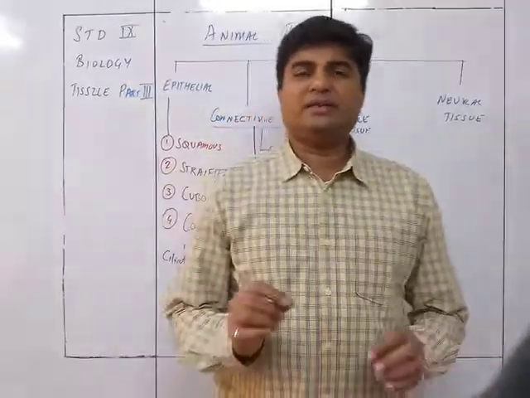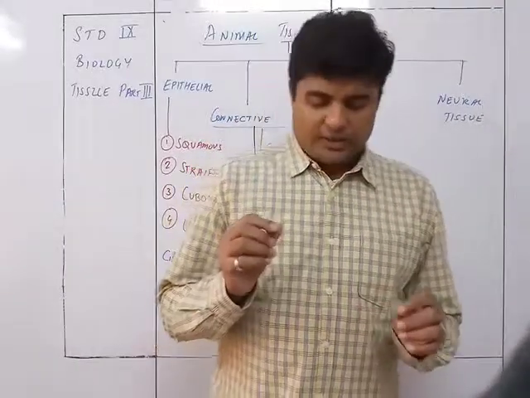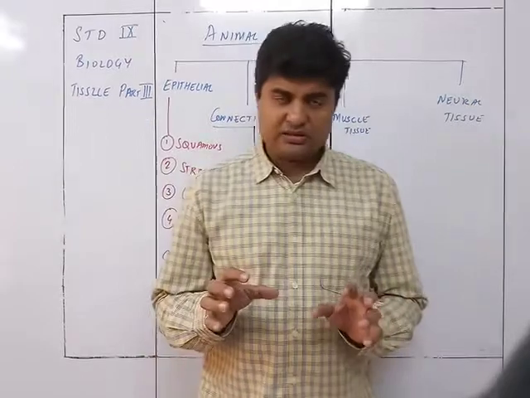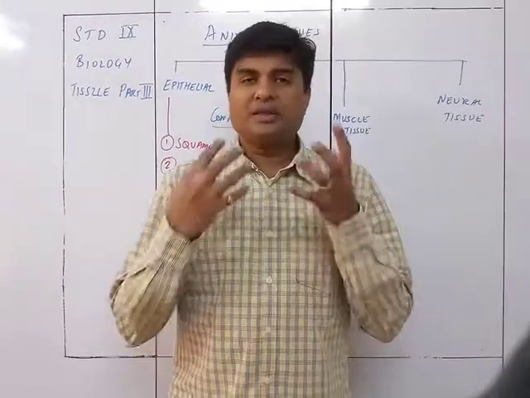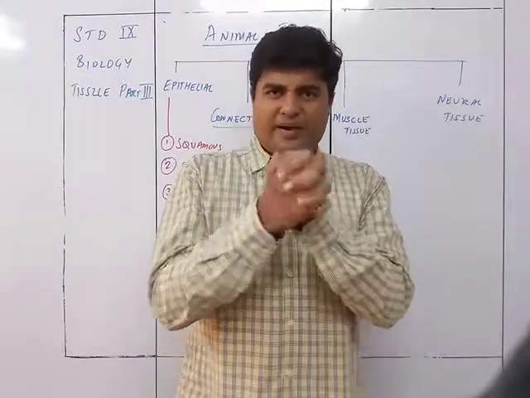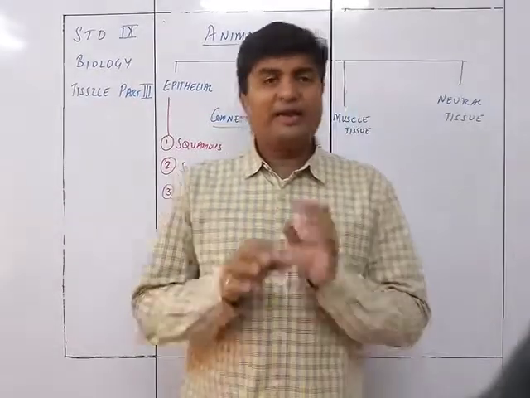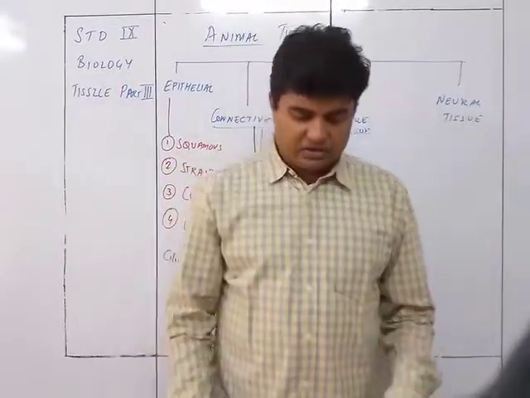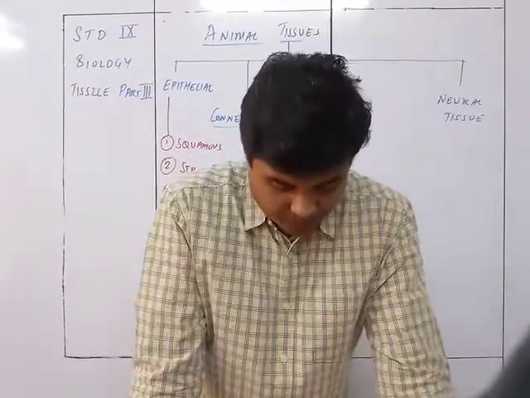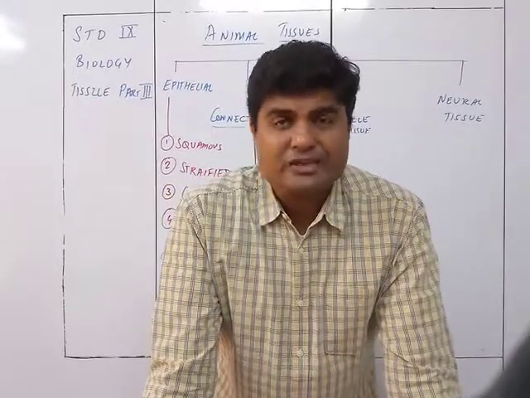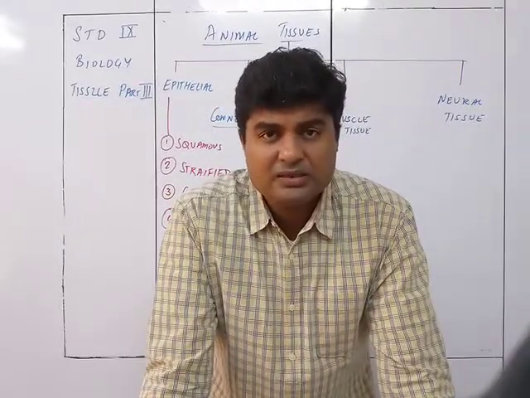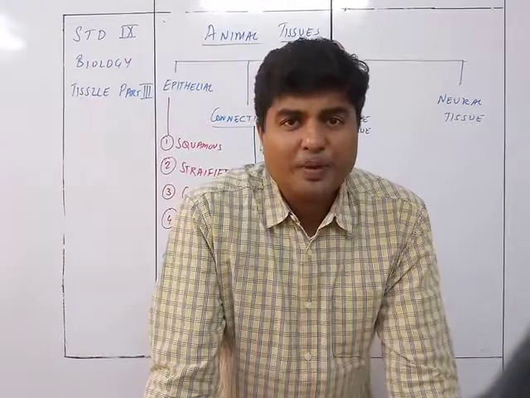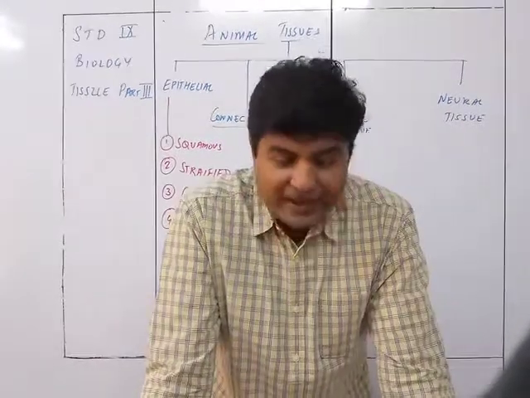So cartilage is a non-porous tissue with a thick matrix in between the cells, and it has no blood vessels or nerves in it. Cartilage is semi-transparent, which means it allows a certain amount of light to pass through it.